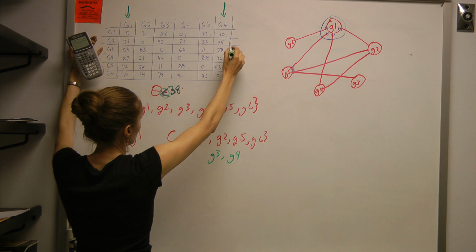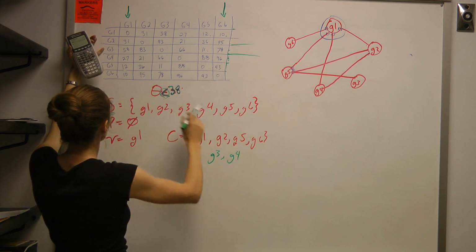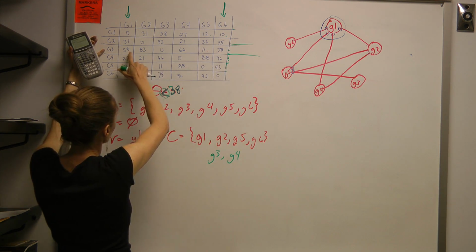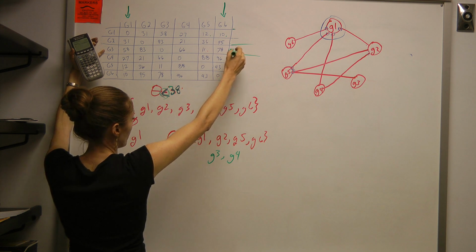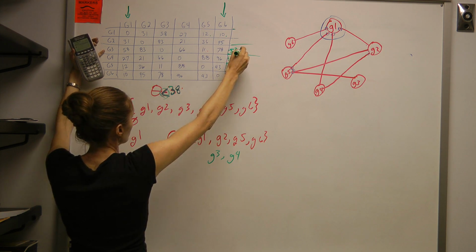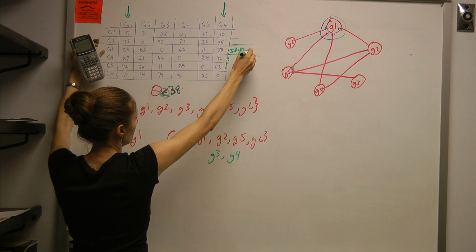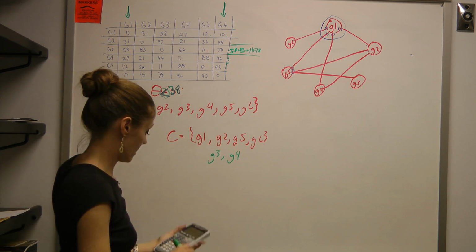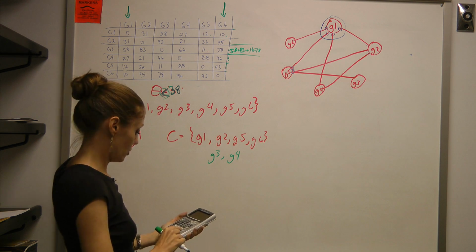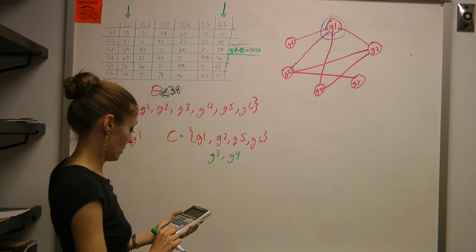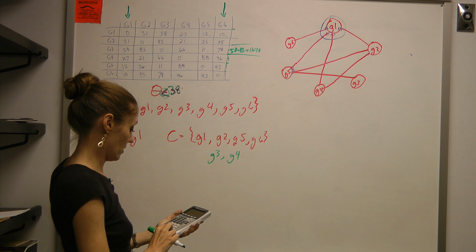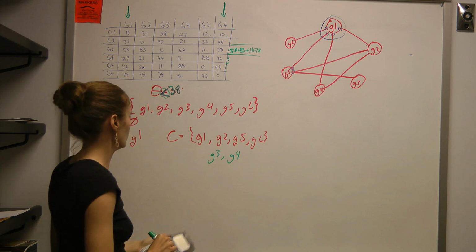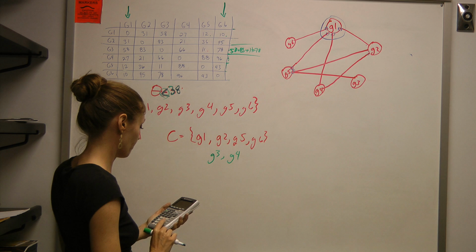G3 against G1 is 58, G2 83, 11, and 78. Okay, so I can tell by looking at those I'm pretty sure that's too big. That 11 is not going to be enough to bring it down.